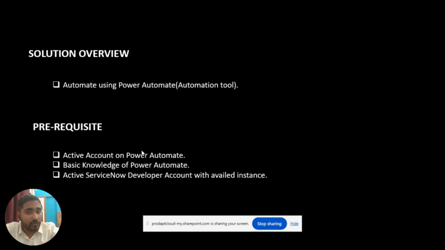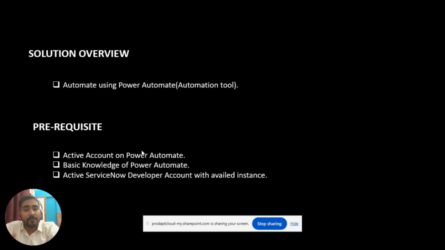So basically, if you want the privilege of doing this automation to wake up your instances, you need to have a work account or a school account, which should be active, and which might have all the basic privileges to build this automation. Also, you need a basic understanding of how this tool works and how to use its drag and drop features. And the third point is you should have a ServiceNow developer account as well as an instance which you have made active.